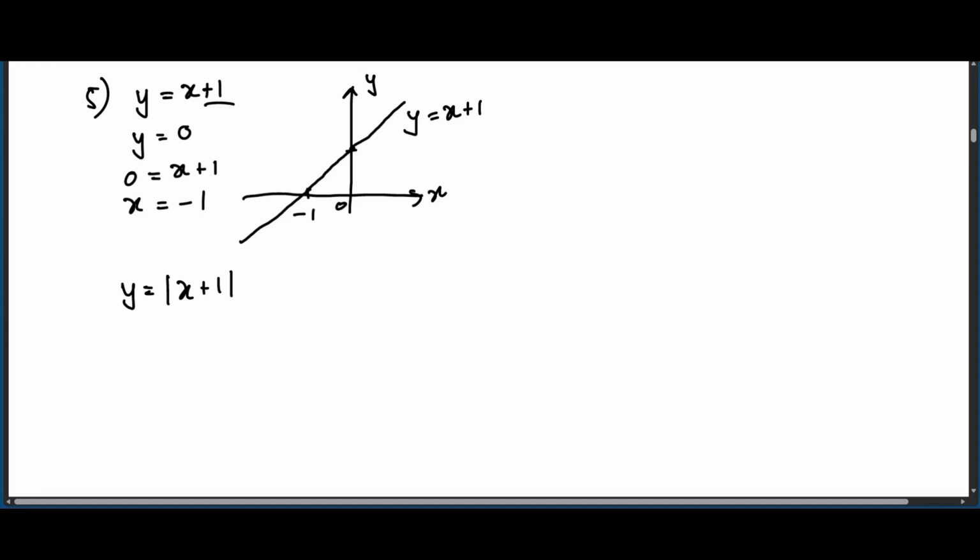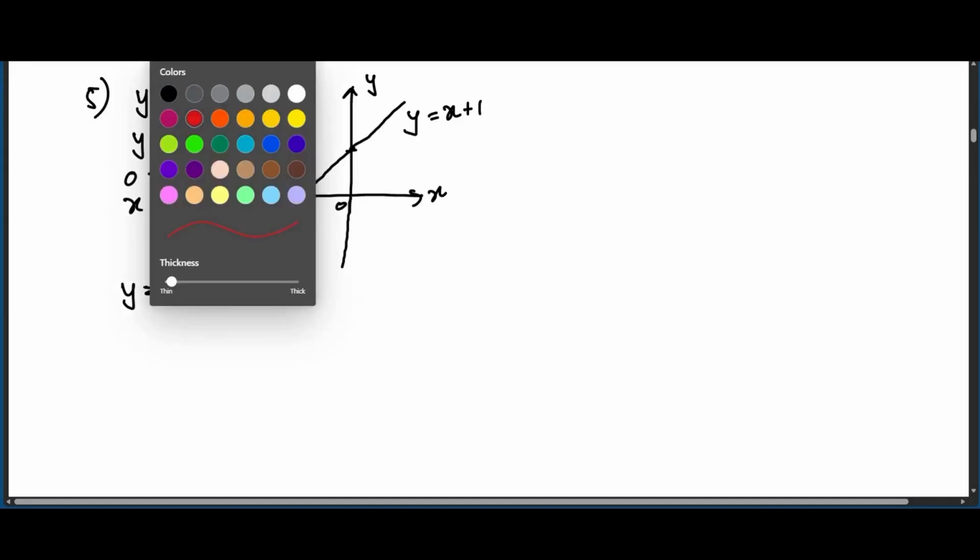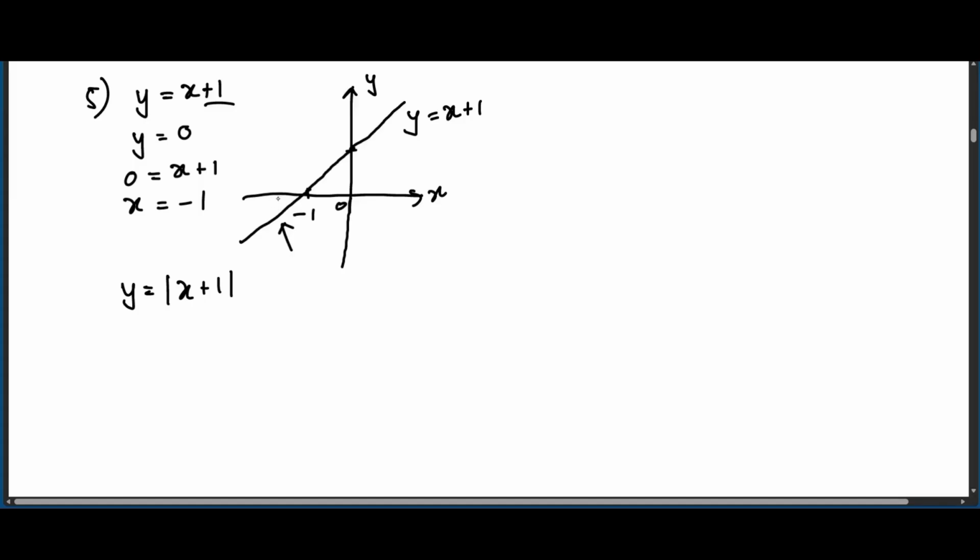So now remember what happens when absolute function is applied. Negative will turn to positive. Positive will remain positive. So let's look at this straight line graph. What happens? Which part of this graph is negative? Here, everything below the x-axis.